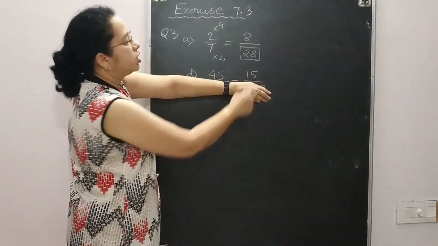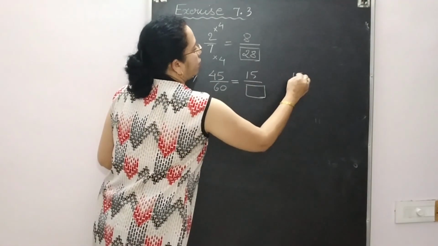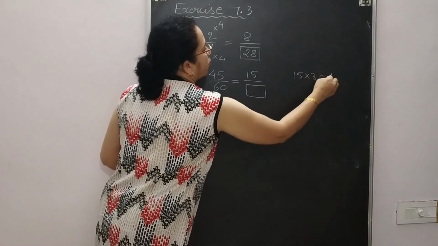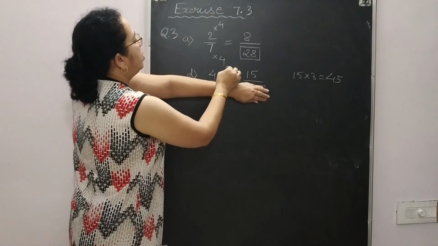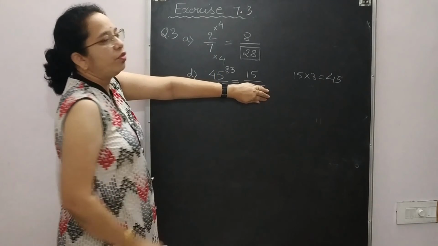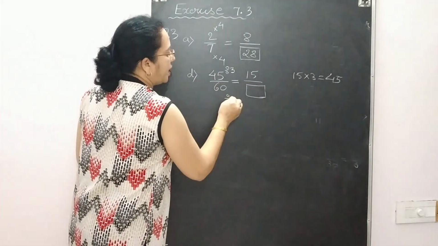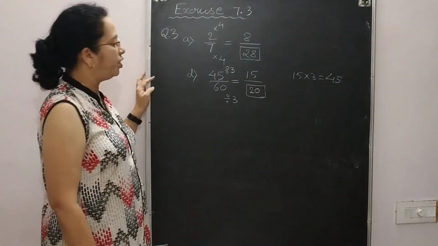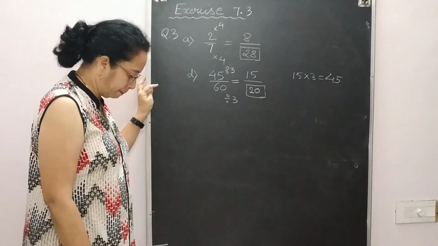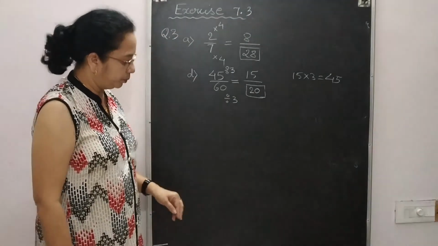You can decide using the smaller table. 15 3s are 45. So what does it mean? If you divide 45 by 3, you will get 15. So this 60 also we will divide by 3. So 3 2s are 6, and this is 15 upon 20. Okay. Now come to the next question.